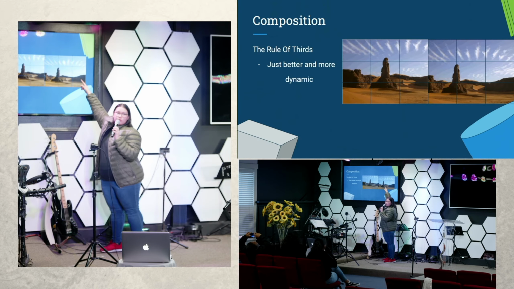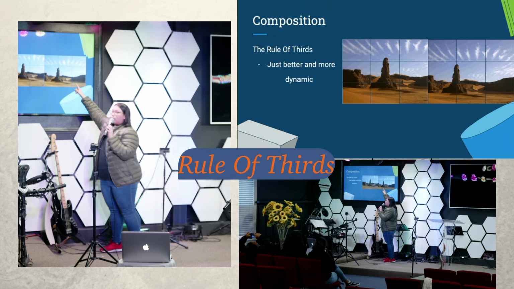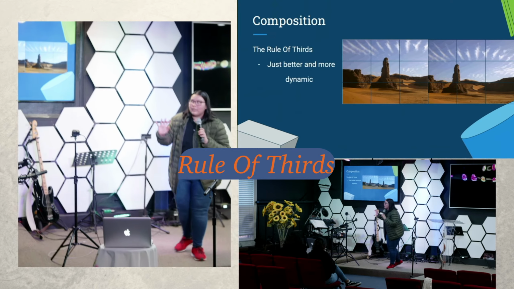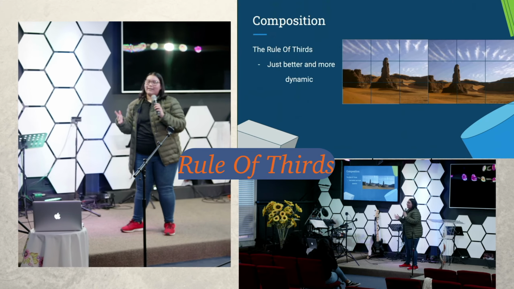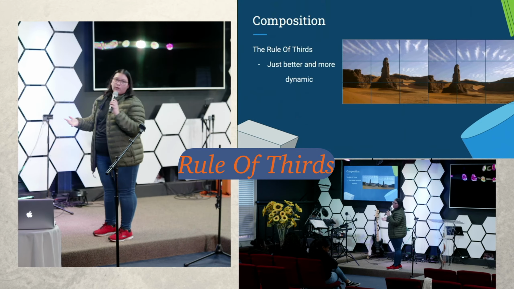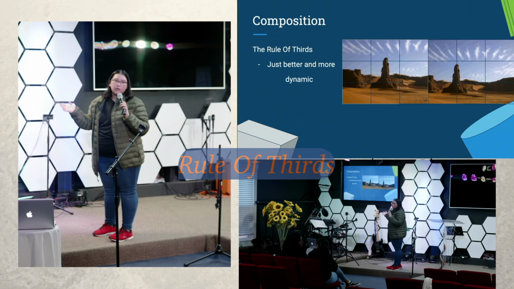You see how there's 4 of them? Top left, top right, bottom right. To make it look, I wouldn't say better, but more dynamic or different, or just to see more of the background, you would use the rule of thirds.